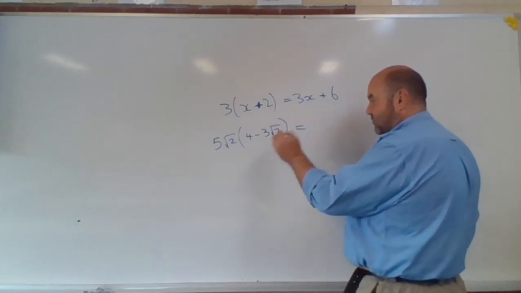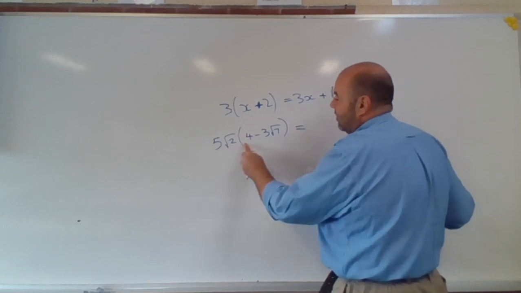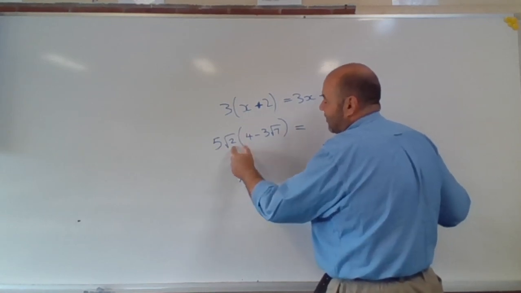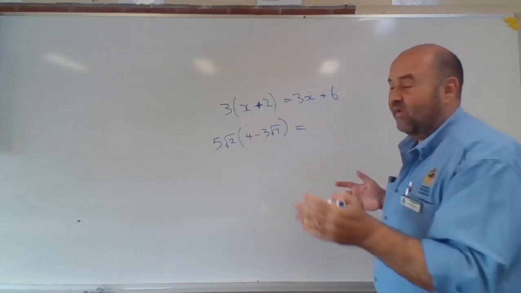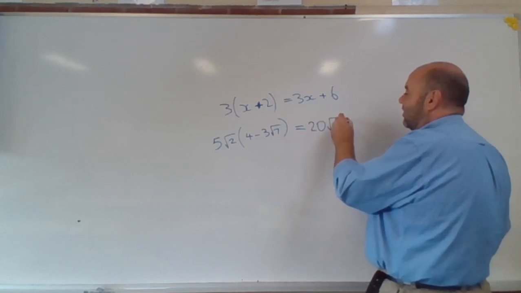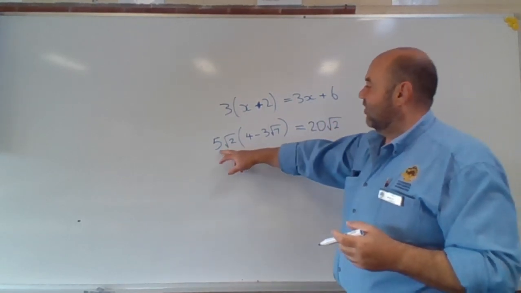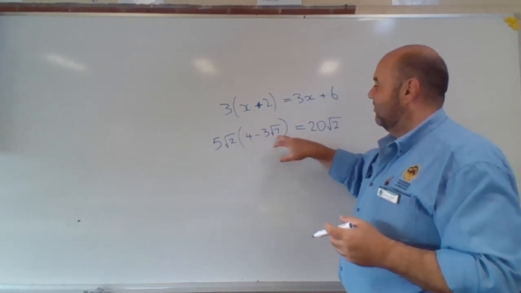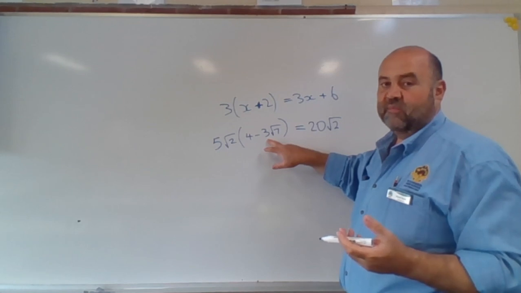So 5 root 2 times 4, well, the 5 and the 4 multiply. There's nothing for the root 2 to multiply with the 4. So 5 times 4 is 20. 5 root 2 times 4 is 20 root 2. Okay? And then 5 root 2 times negative 3 root 7, well, the 5 and the negative 3 can multiply.